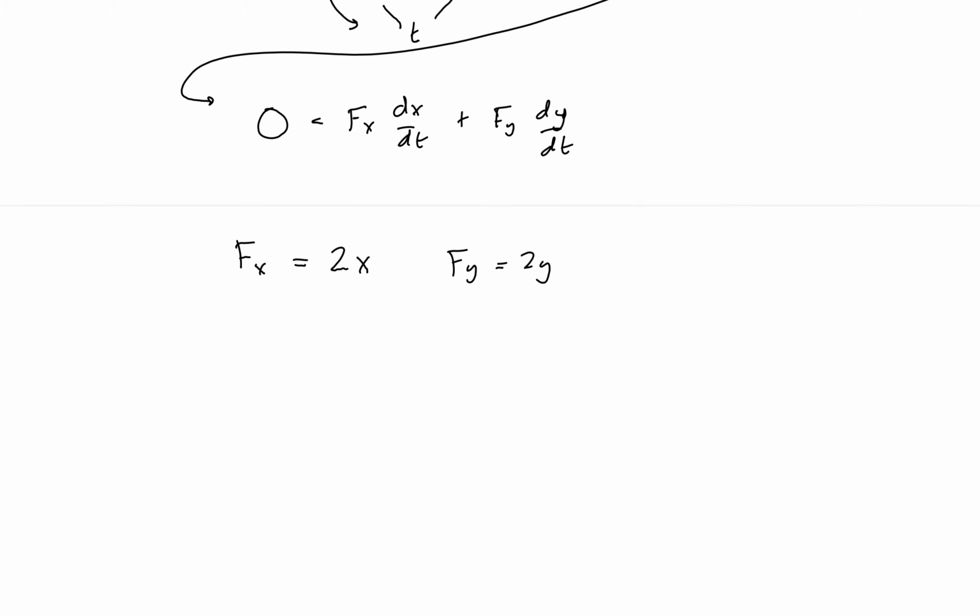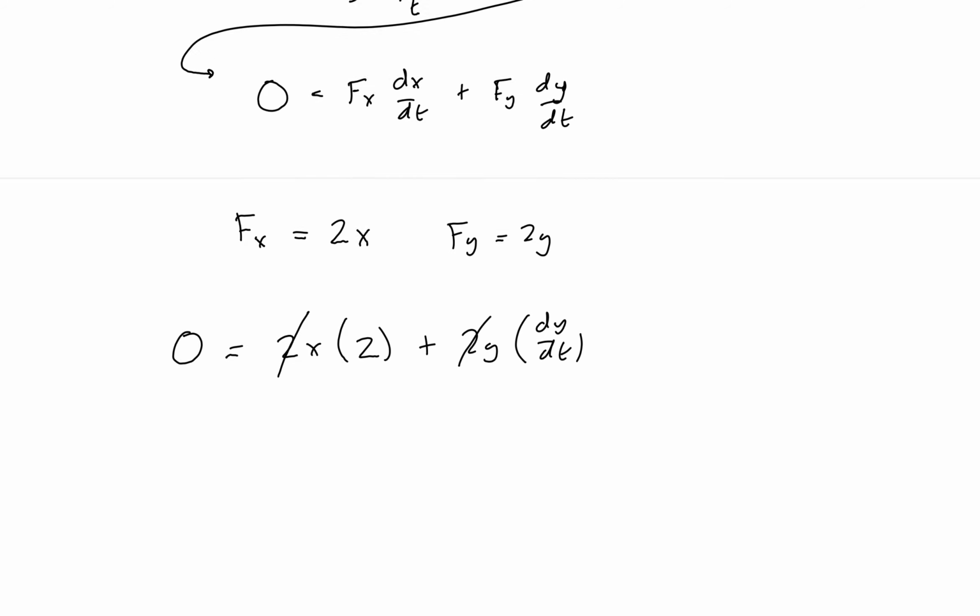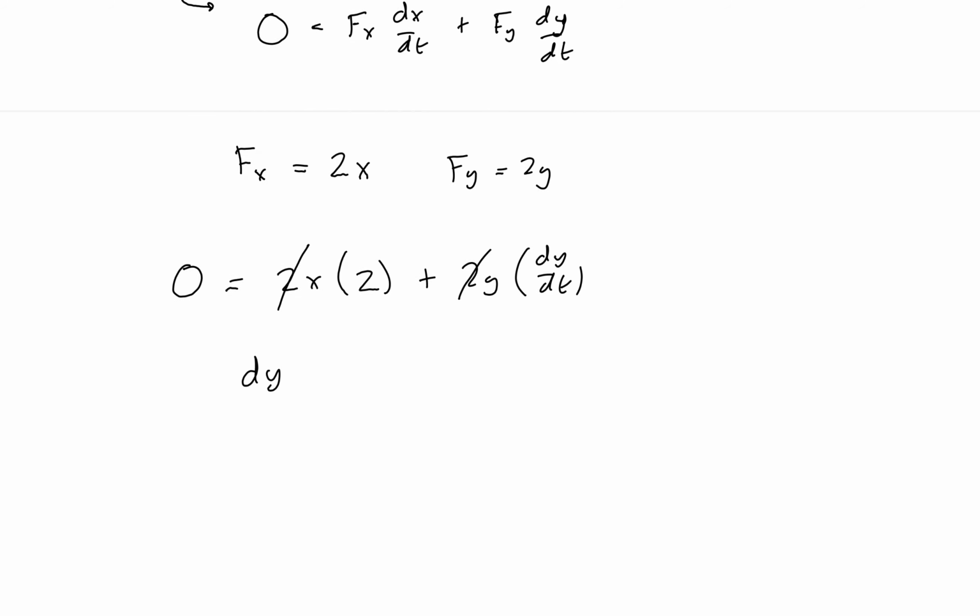So we have 0 is equal to 2x times 2 plus 2y dy dt. I can certainly cancel this 2 and then solve for dy dt. So this is negative 2x over y.